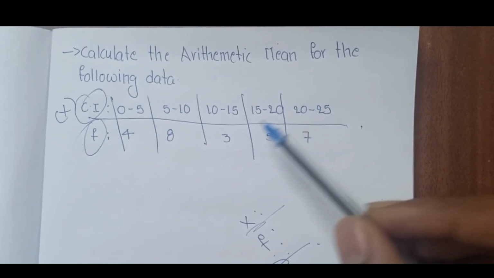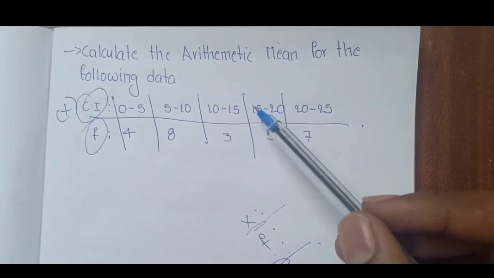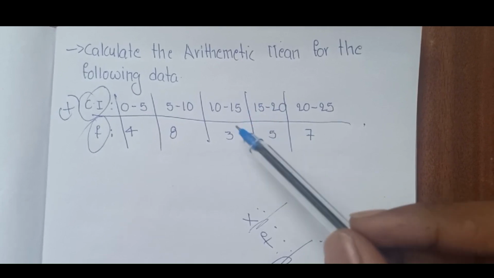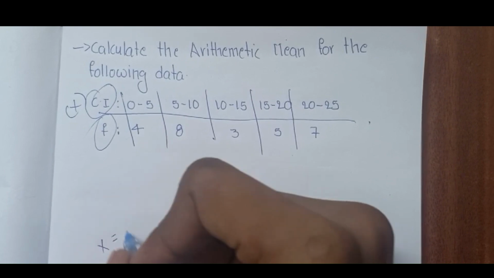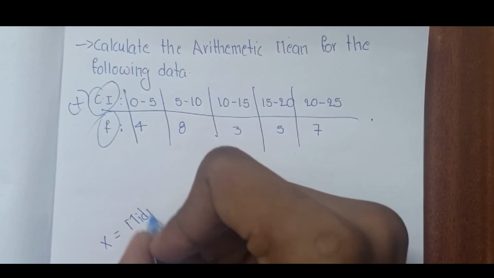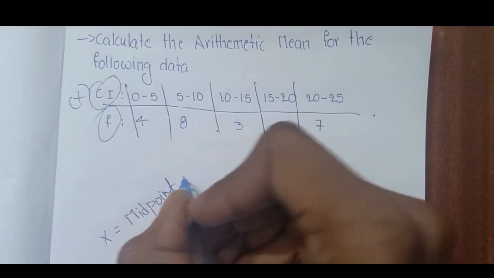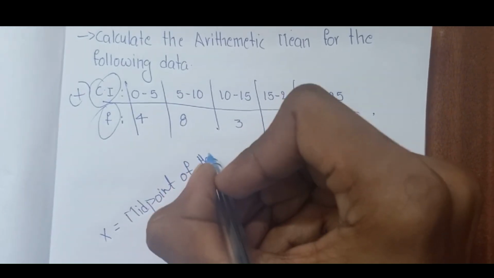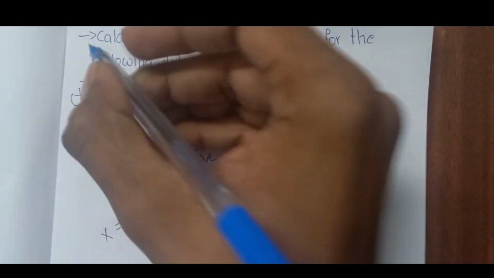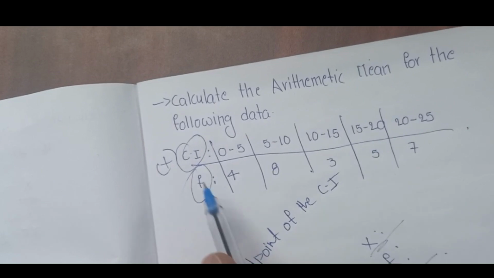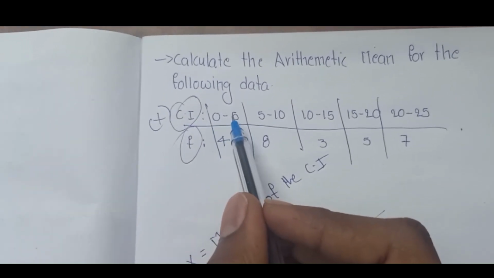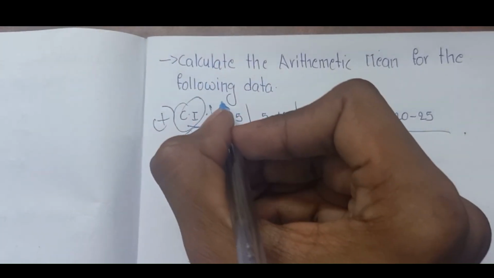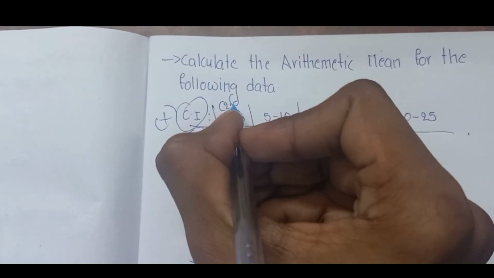Now we have to get the values of x from the class intervals. How can we get the x values from class intervals? See, x equal to the midpoint of the class intervals. Here the class interval is 0 to 5, but the value of x is 2.5.